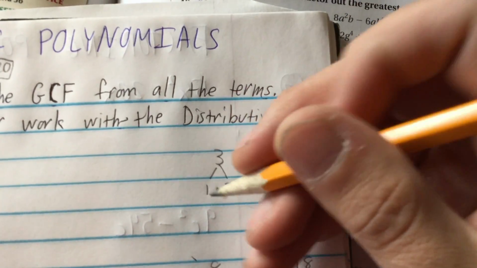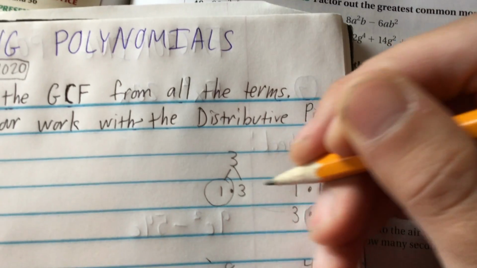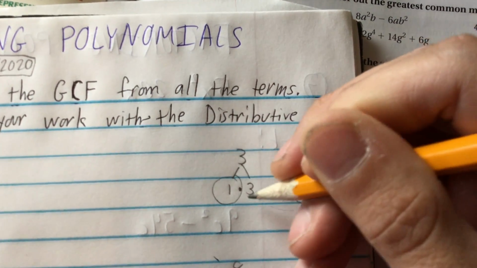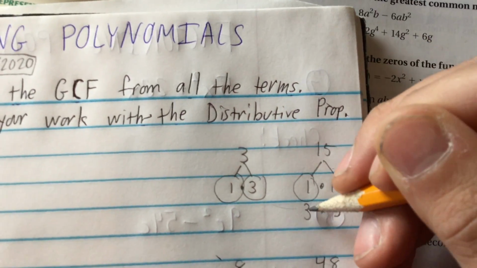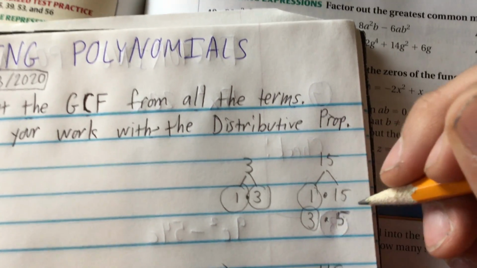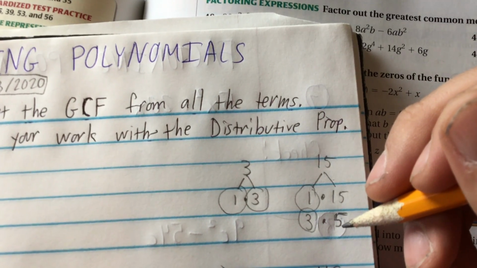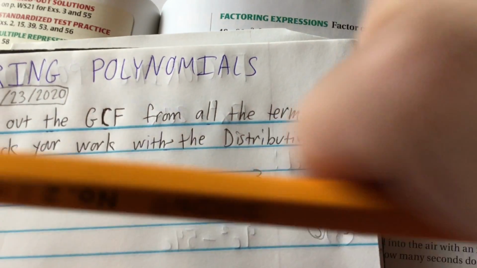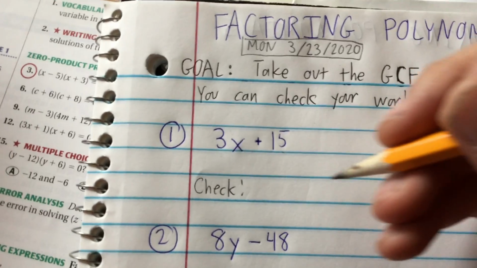So they have a 1 in common, and they also have a 3 in common. They don't have a 5 in common to divide or a 15 to divide. So the biggest number I can take out of both of them is 3.